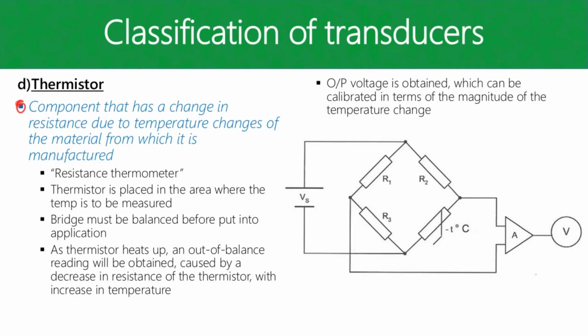The thermistor is a temperature dependent component, so its resistance changes when exposed to a change in temperature. Now the thermistor is a bit unique compared to the other resistive one that we have, not a thermocouple. My goodness, I can't remember.